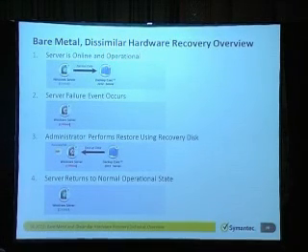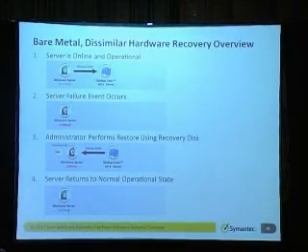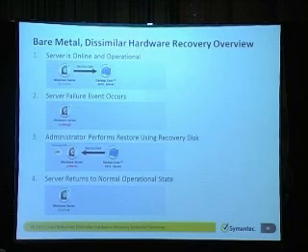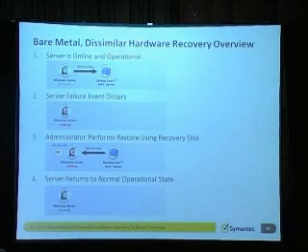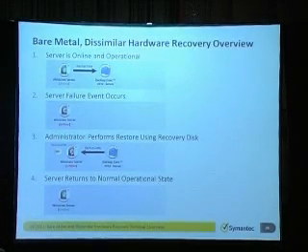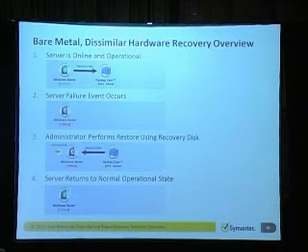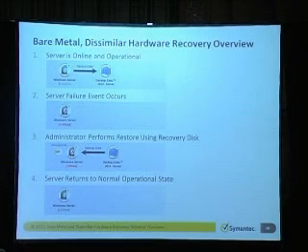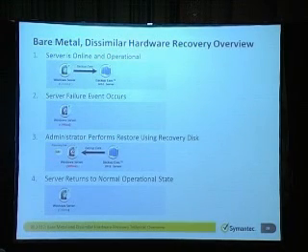So, for example, you've got your Windows server. You back everything up to Backup Exec 2012. If this server goes offline, if it crashed for whatever reason, you can use the recovery disk, Symantec recovery disk.